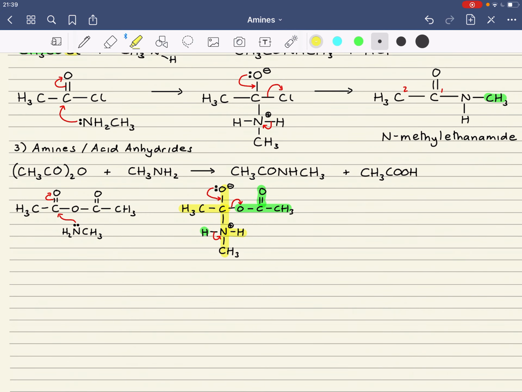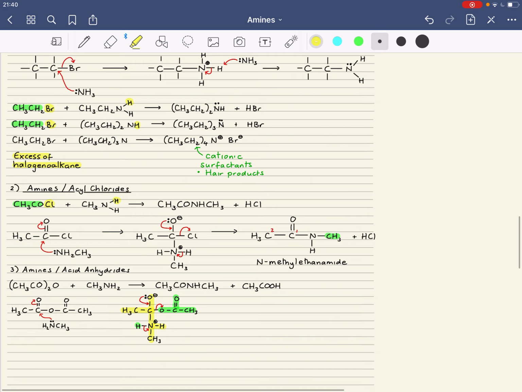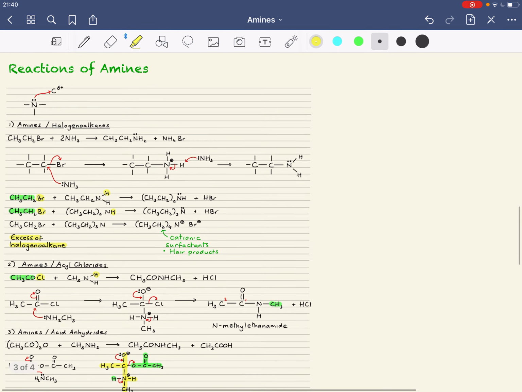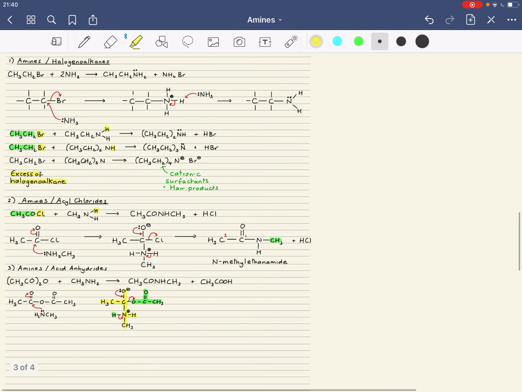So they are the reactions of amines. We've looked at amines with halogenoalkanes. We need to remember this idea that once we get the primary amine formed in the reaction of ammonia and a halogenoalkane, that primary amine can react with any excess halogenoalkane to form secondary, tertiary, or the quaternary ammonium salt.